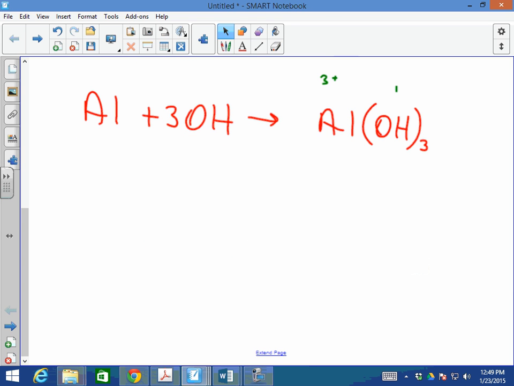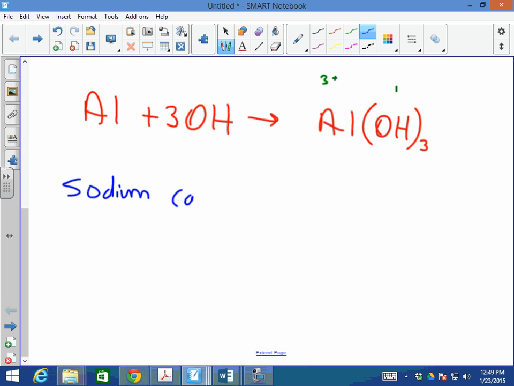There are occasions in which you're given words instead of symbols. Sodium and carbonate, for example, yields something. Well, let's use common sense. Sodium is Na plus carbonate.